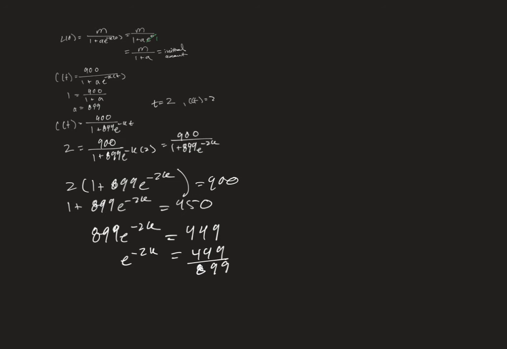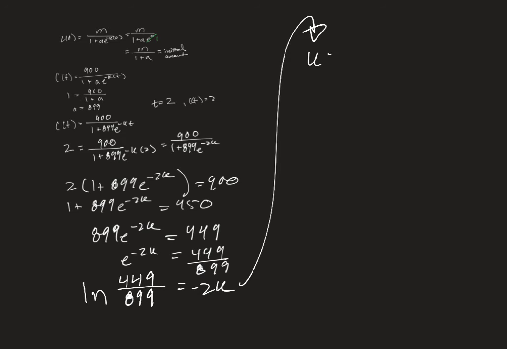And now, in order to solve this for k, I need to use a logarithm, right? So I have ln of 449 over 899 equals negative 2k. Divide that whole thing by negative 2. k equals ln of 449 over 899, all over negative 2.